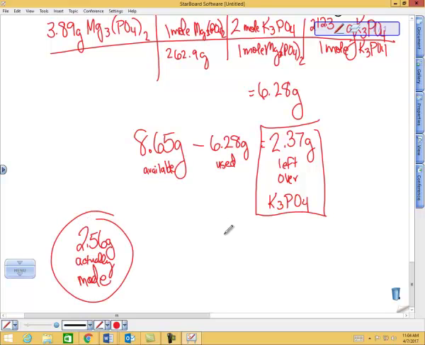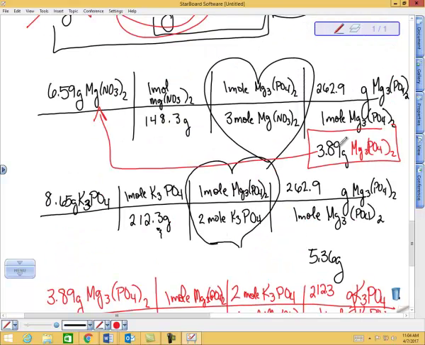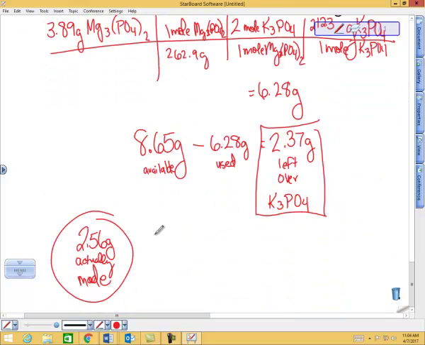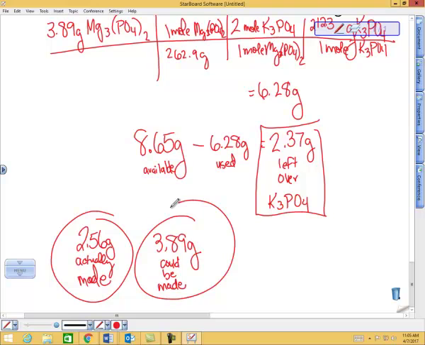What's the maximum that we could have made? The 3.89 grams. Do you see that? So 3.89 grams could be made, but we only made 2.56.